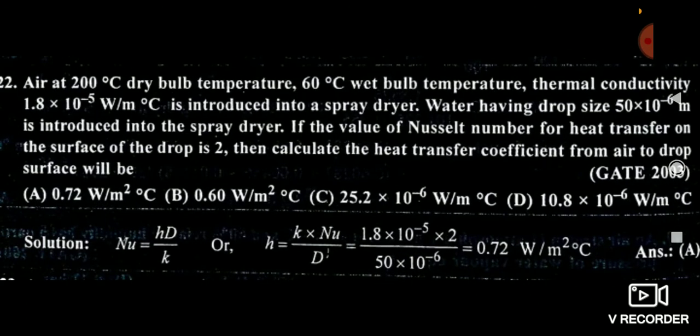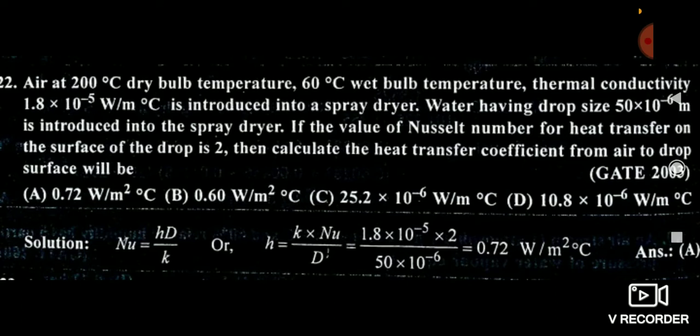After this friends, you see this question. Whatever I have taught in my previous video lecture on mass transfer, I taught you regarding the different types of dimensionless numbers. There I showed you the slide with the formula for Nusselt number.